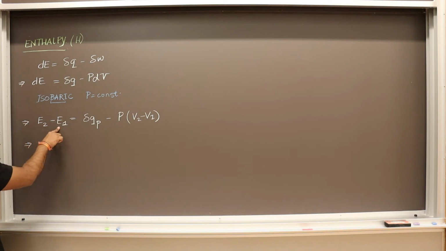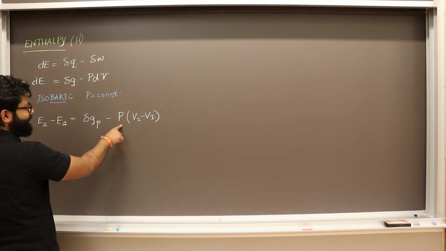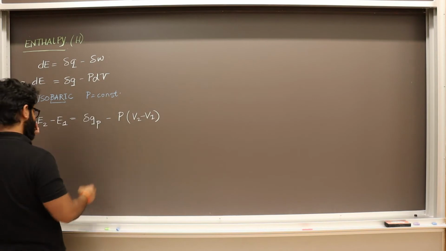So this becomes E2 minus E1. This is del QP. This becomes minus PV2 plus PV1, right?